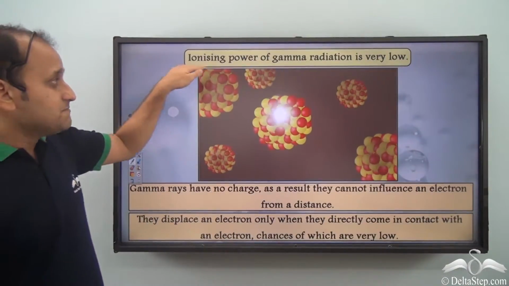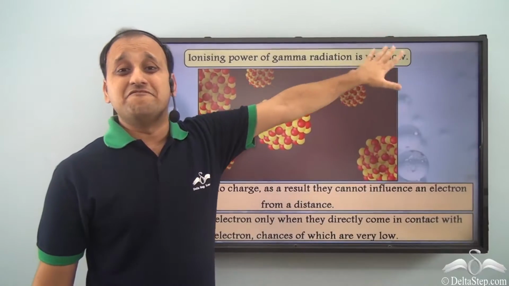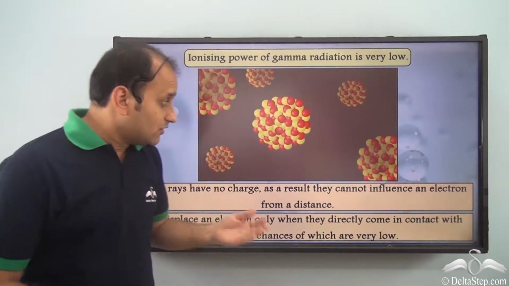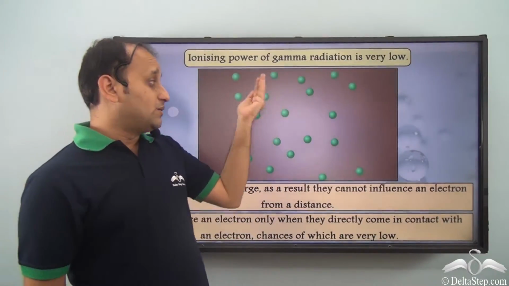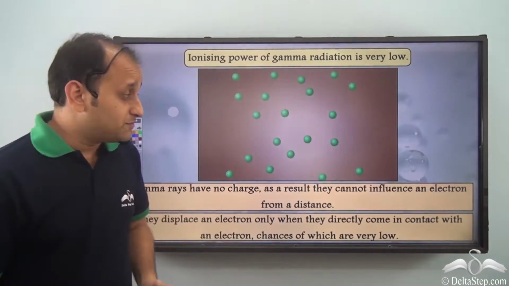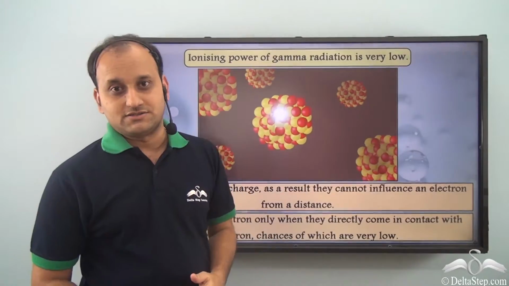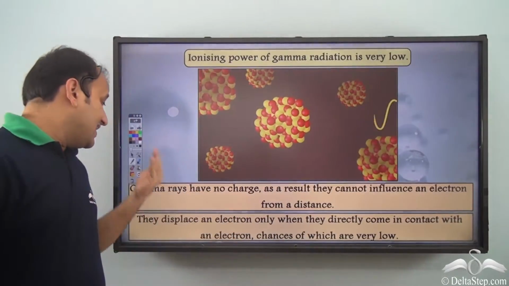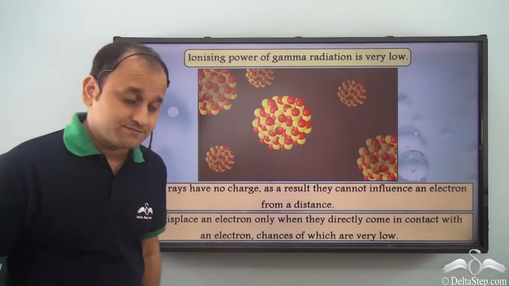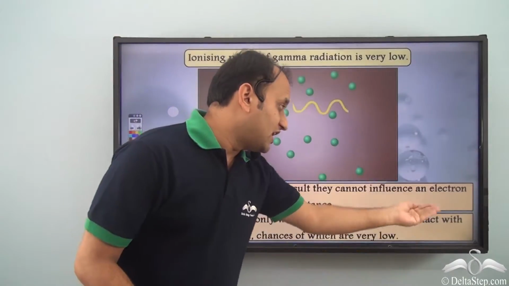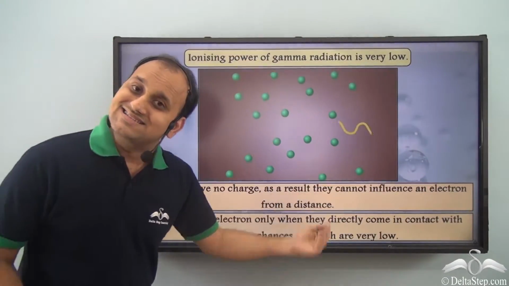Now the ionizing power of gamma radiation is very low. So gamma radiation can only ionize particles of the medium if it comes in direct contact with the particles. The reason is that gamma rays have no charge. As a result, they cannot influence an electron from a distance.